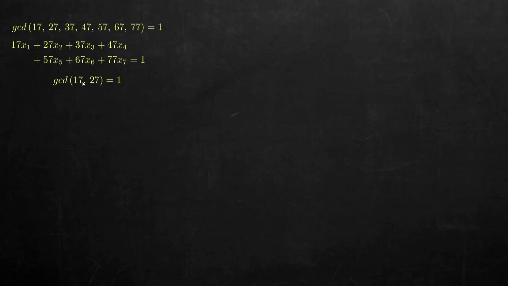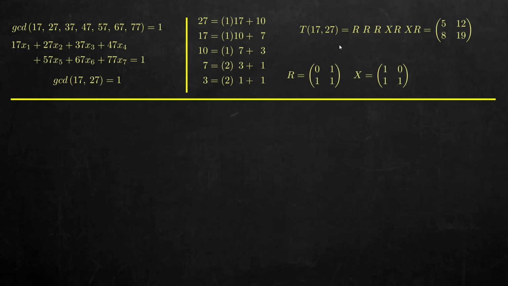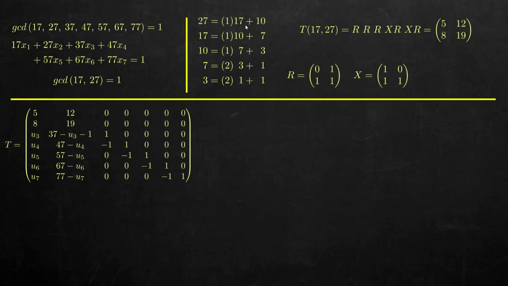The GCD of 17 and 27 being 1, we start again by calculating the transformation matrix of 17 and 27 using the Euclidean algorithm, and then we build our block matrix as explained. We have this T of 17 and 27 matrix here. We have our 2 by 5 zero matrix here.